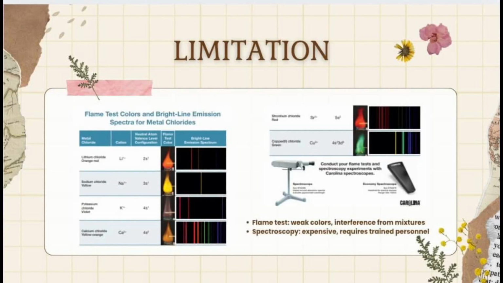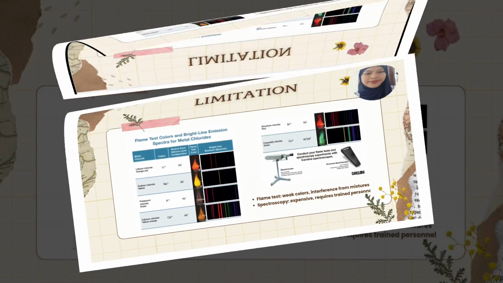Here we got lithium chloride that turned orange-red, sodium chloride turned yellow, potassium chloride turned violet, calcium chloride turned yellow-orange, strontium chloride turned red, and copper II chloride turned green.